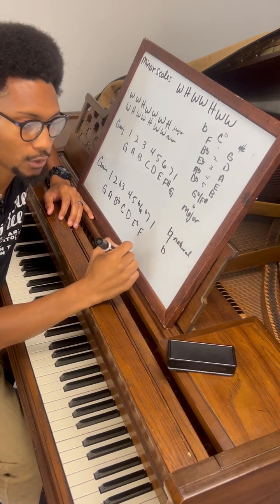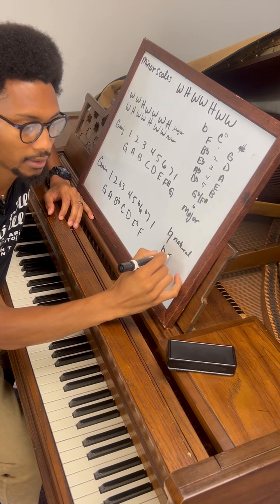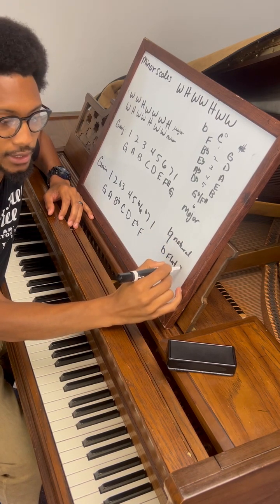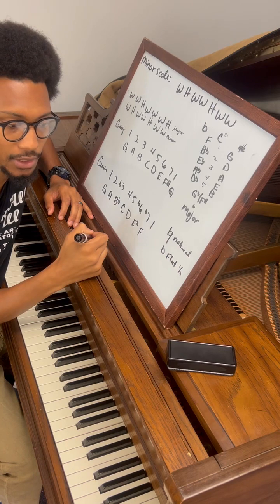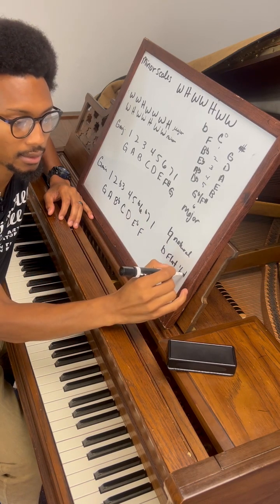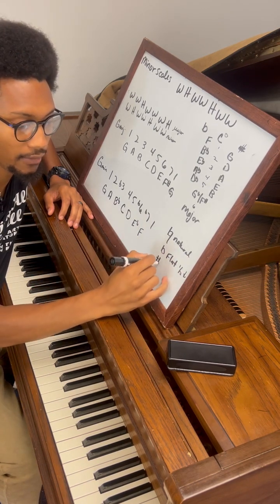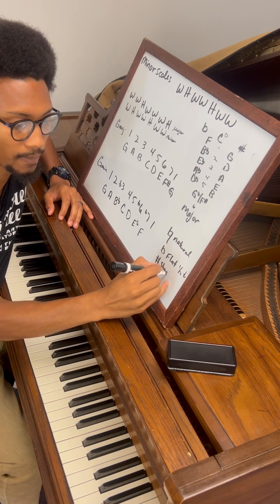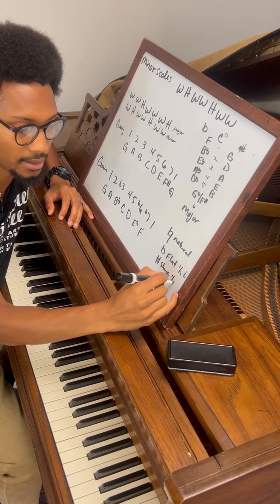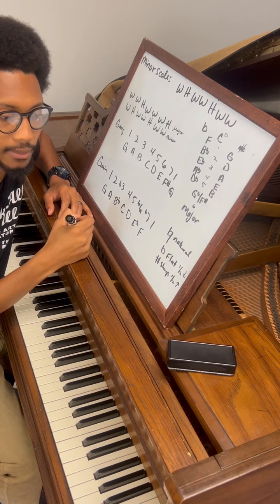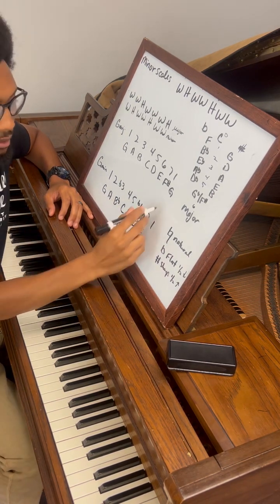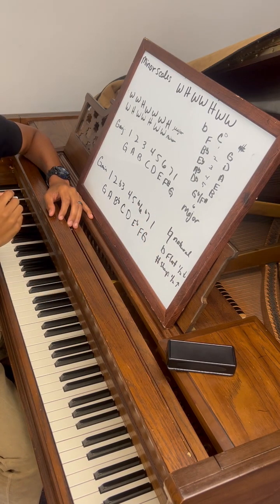If I do a flat symbol, that note is lowered a half step from the position that it's in. Sorry, fell down. And if I do a sharp, that note is raised a half step from the position that it's in. And then, of course, to complete this, we're going to do G.